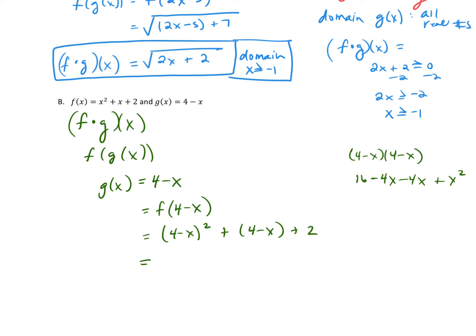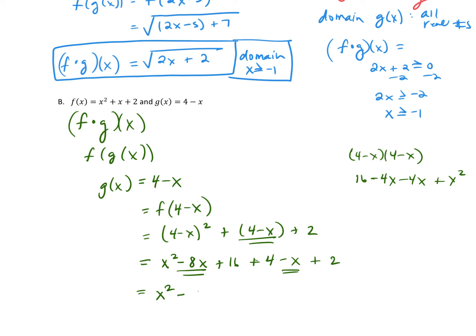So I'm going to go ahead and write down the simplified answer. There's a positive x squared minus 8x plus 16. I just kind of wrote it in order. Plus, now this 4 minus x, there's nothing to distribute, so I'm just going to write 4 minus x and then carry down the plus 2. Combine any like terms. We have an x squared. We have a negative 8x and a negative x.